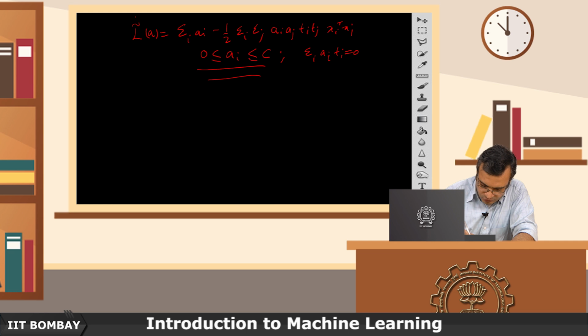So let us look at this. Whenever ai is equal to 0, then basically your xi I is going to be less than or equal to 1. So these are the points that are correct but inside the margin.